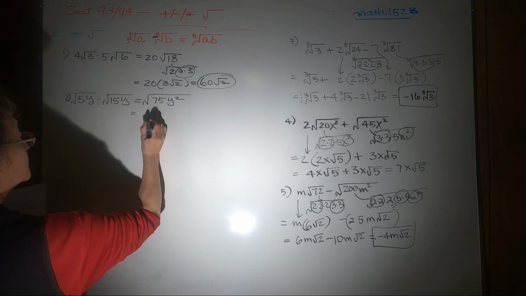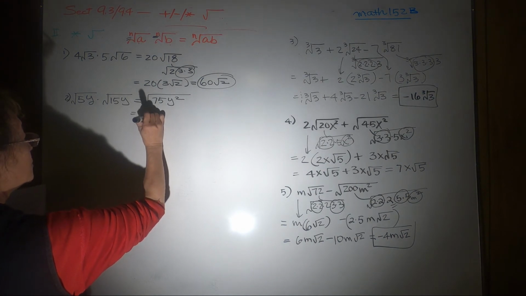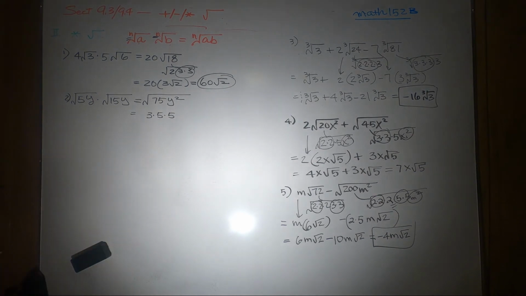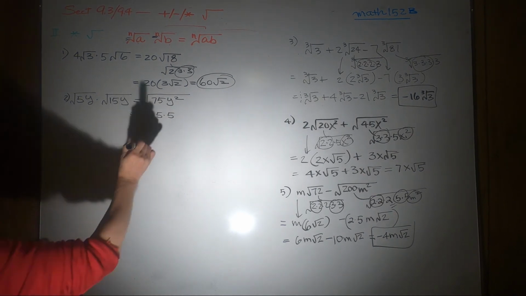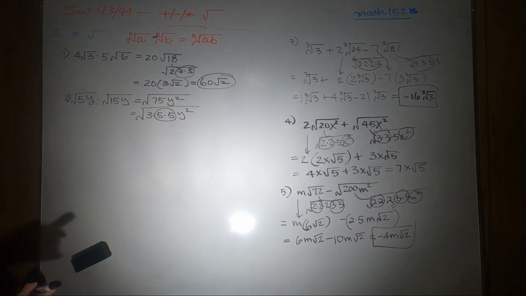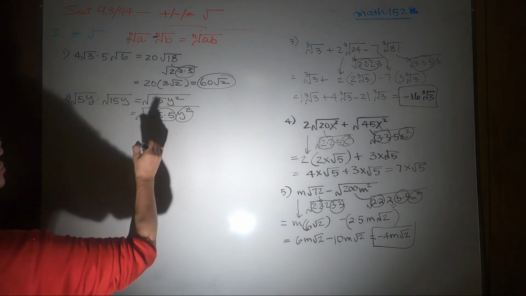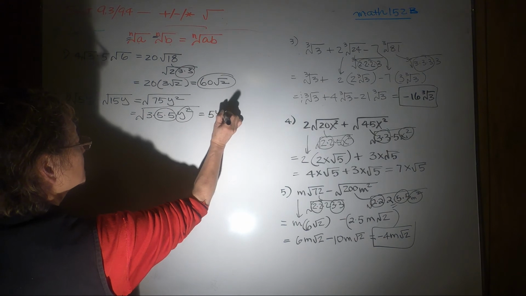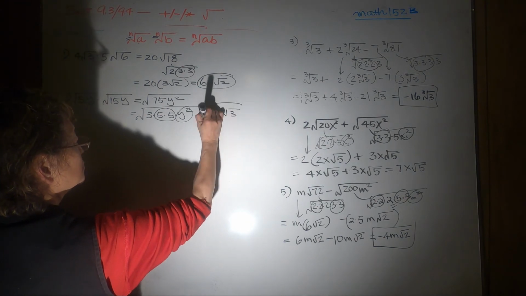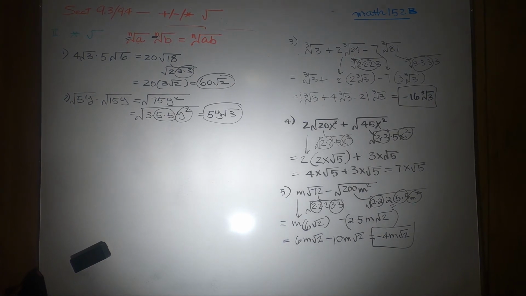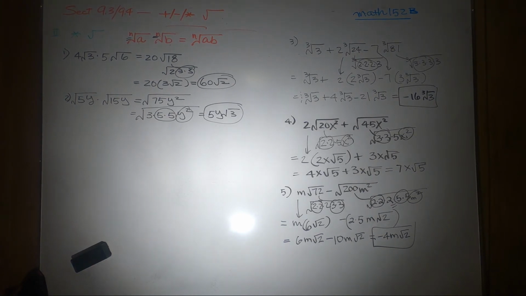Then you break down the 75: 15 times 5, that will be 75, right? So y squared. Then you take the root out. The root of the square will be 5 and y, so 5y outside, square root of 3, with 3 left inside, right?